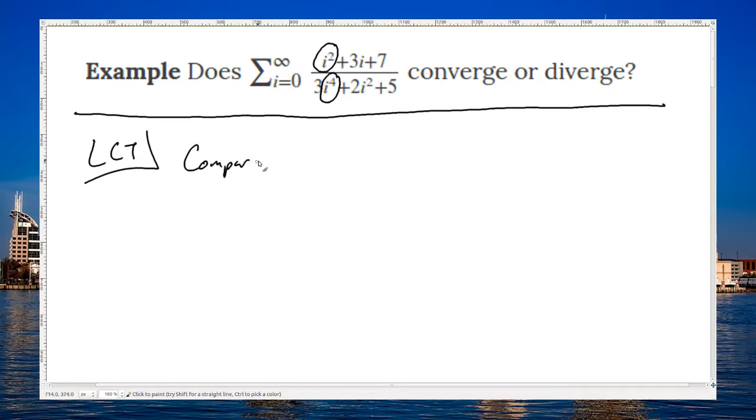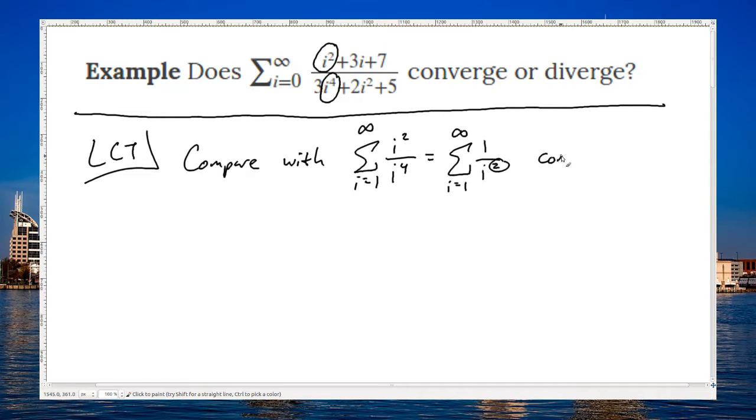And so I've got this i squared, i to the fourth, so I could compare with the series i equals, well, it wouldn't make sense to start with 0, but we could start with 1 to infinity of i squared over i to the fourth, because that would just cancel to 1 over i squared, and in particular, that's a convergent p-series, because the power is strictly greater than 1.